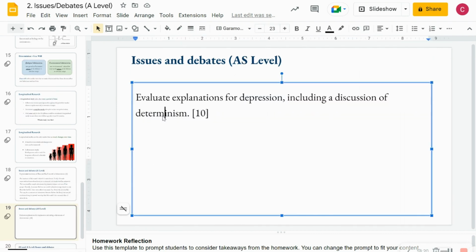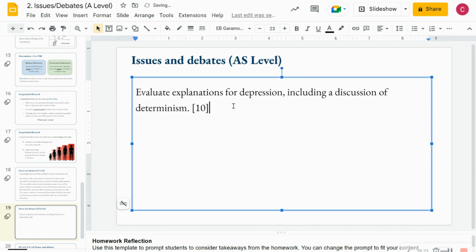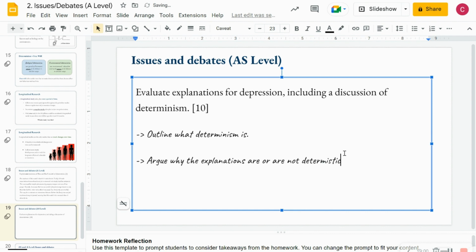Right, and where you'll often use these issues and debates then is in these long evaluations. You'll have 3 or 4 paragraphs, each one based on an issue or a debate usually. So I'll just bullet point this one. I'll just explain an approach. So: evaluate explanations for depression, including a discussion of determinism. So I would first outline what determinism is. Argue why the explanations are or are not deterministic.